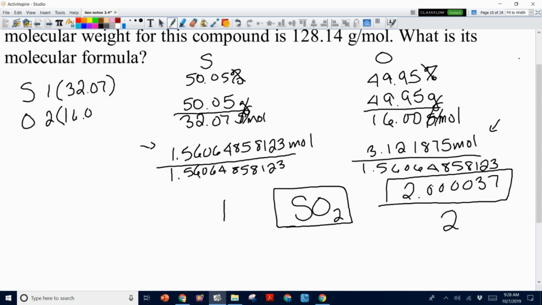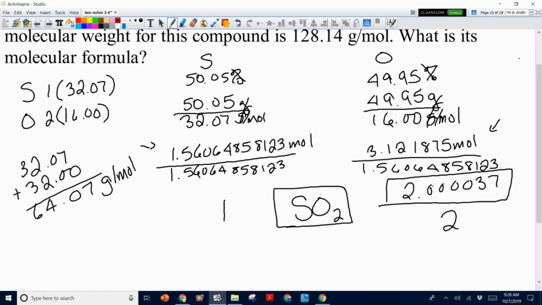Oxygen is 16.00. So it's 32.07 plus 16, and 16 is 32. We're going to add these together. So we get 64.07 grams per mole. So our empirical formula is 64.07 grams per mole.